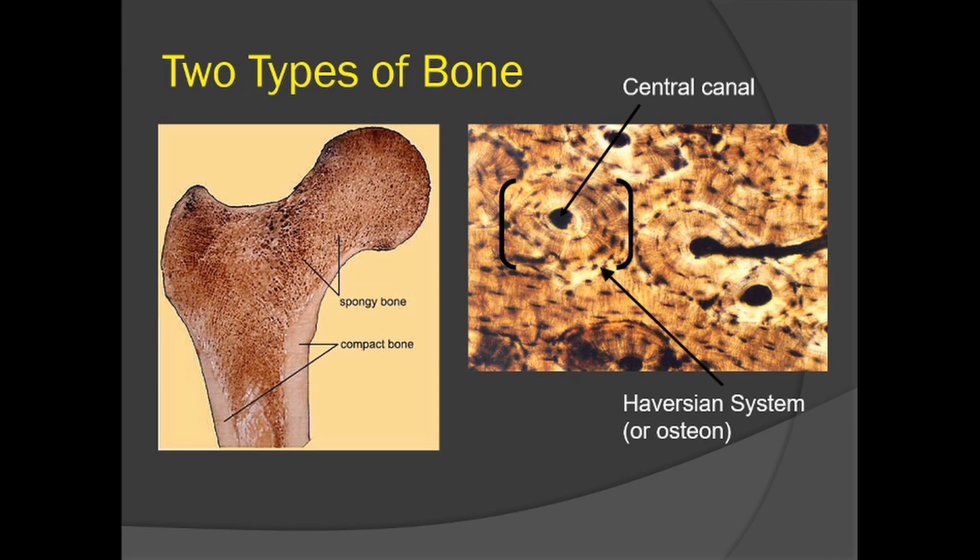And then up close microscopically, you can see, and I put brackets around one of the Haversian systems, or osteons, what one of those subunits looks like. And then in the middle, there's a central canal through which blood vessels and nerves can travel to service the bone and give nutrients and bring oxygen and take up carbon dioxide from the metabolically active cells.